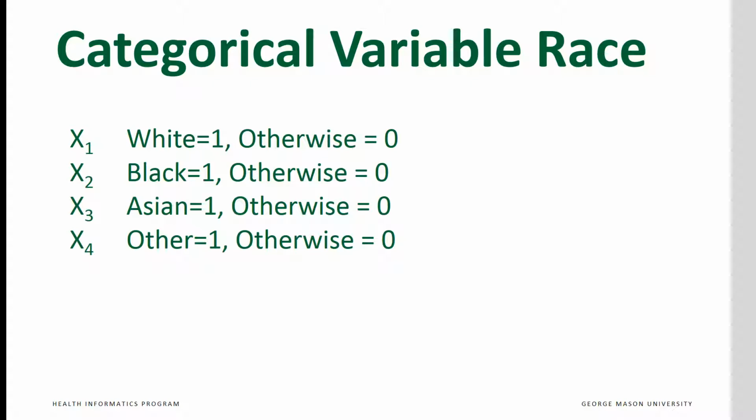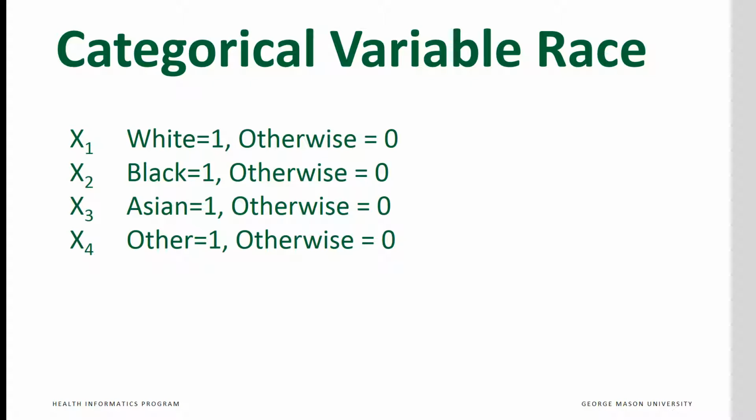Still another variable called Asian will be 1 if the patient is Asian and 0 otherwise. Finally, the variable other race will be 1 if the patient is none of the listed races and 0 otherwise. The single categorical variable called race was broken into the following 4 binary variables assuming values of 1 and 0.